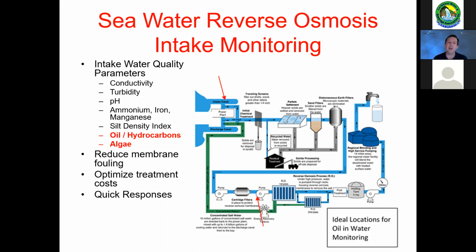So it's a little bit of an unknown what will happen if you have a fuel oil spill at the intake. You will have either or both a coating that needs to be cleaned off the membranes, or the membranes themselves can be permanently damaged.